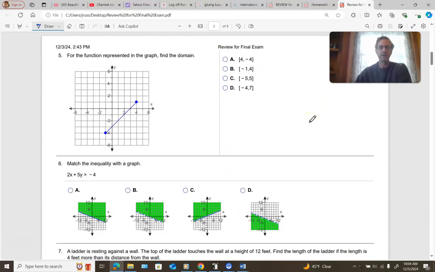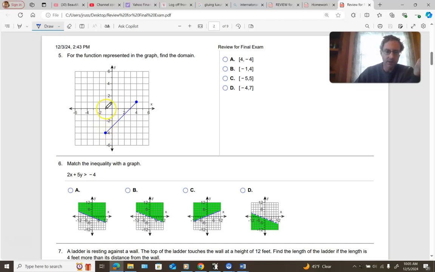Number 5 here, it says, for the function represented in the graph, find its domain. Well, this function starts down here, and the x-coordinate, remember the domain refers to the x values, the inputs of the function. So it starts down here.